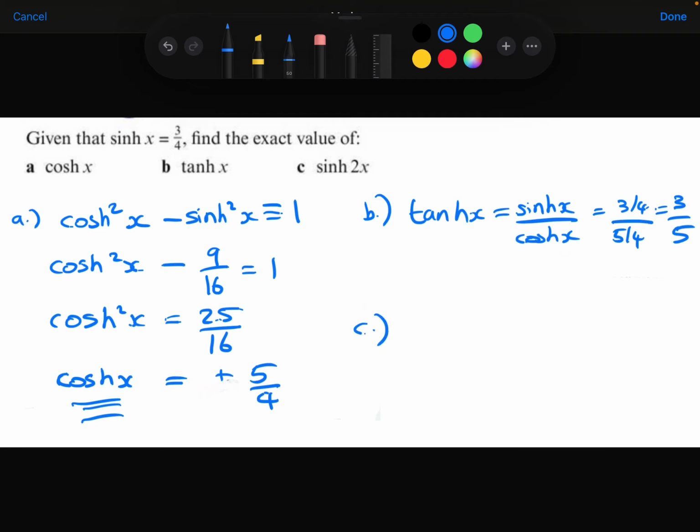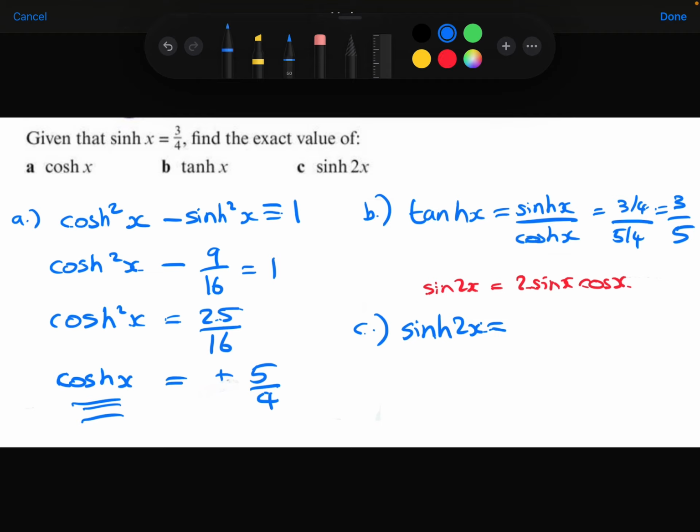And for C, I've got sinh of 2x. Now, I know a trigonometric identity. I know that sin 2x is equal to 2 sin x cos x. So I'm going to use the equivalent hyperbolic identity.